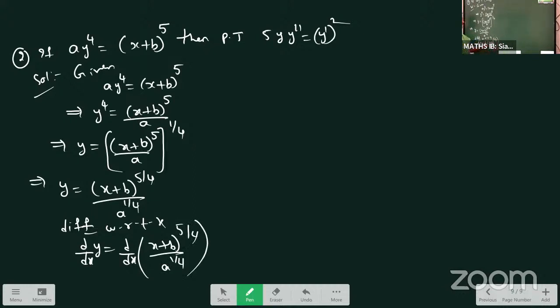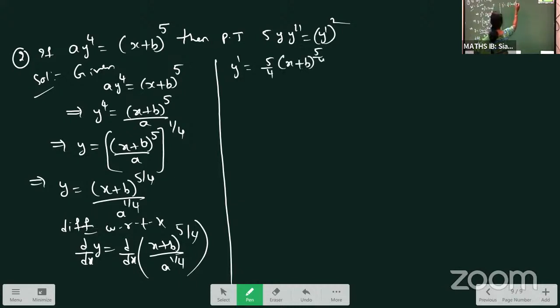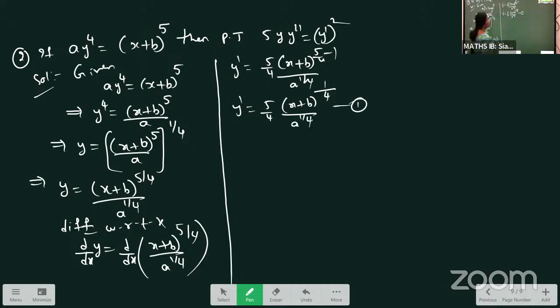Only treat (x plus b) power 5 by 4 as x power n and differentiate. dy by dx, written as y dash, is equal to n into x power n minus 1, with the constant as it is. So y dash is equal to 5 by 4 (x plus b) to the power, LCM is 4, 5 minus 4 is 1, by a power 1 by 4. Take it as equation 1.